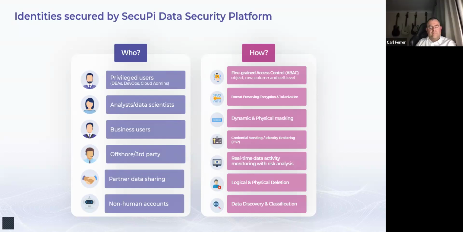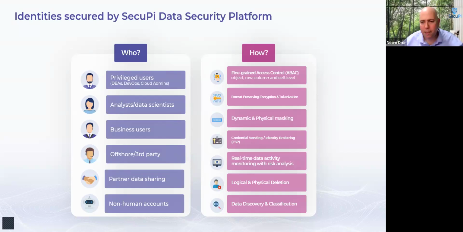So even if they have permissions to the database and they can untie the controls that the database has, we are an additional layer on top of it, and therefore we can stop them from doing that. So that's an important part. But then you have different analysts and data scientists who want to get insights out of that data. So you need to make sure they get the right data.